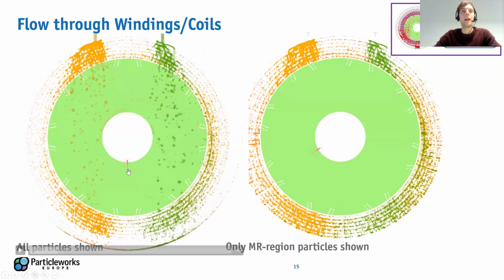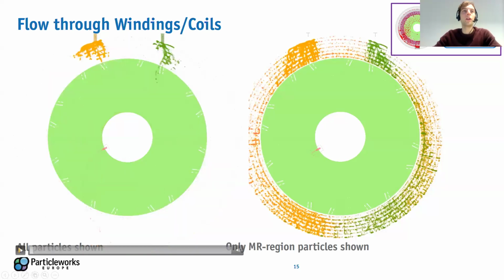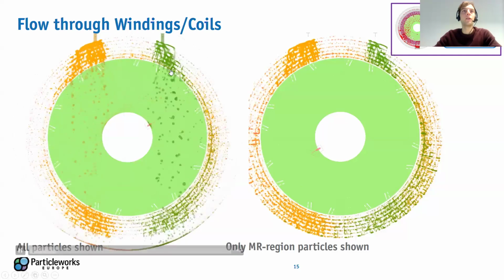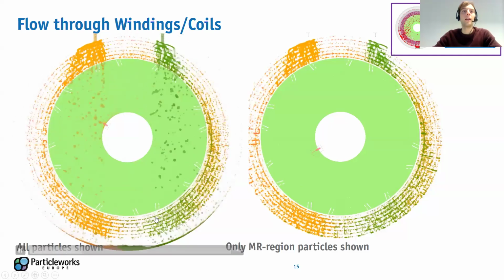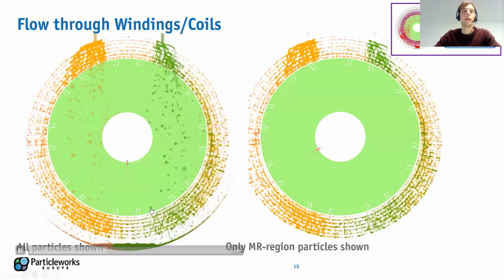You might be able to appreciate that also here we are taking advantage of a multi-resolution, because inside this box we have smaller particle size because the nozzle is very small. I will show you in the next slide. But overall you see the oil distribution going through the windings and then flowing down by gravity.